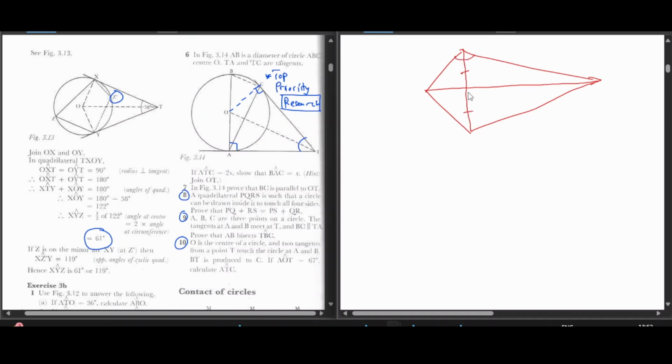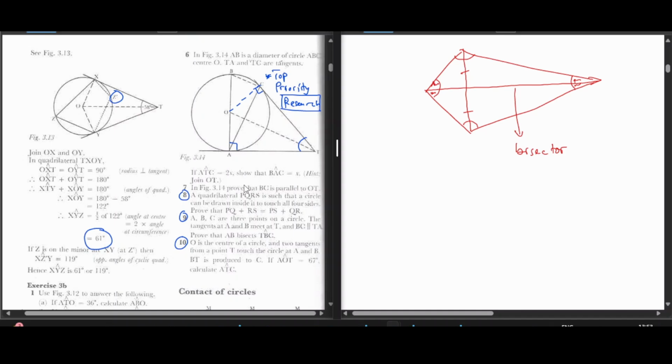We say this angle is equal to this angle, but the angles E and the other one add up to 180. The other thing is, the line in the middle is called a bisector. A bisector is a line that halves an angle. So this small angle is equal to this small angle, and this one is equal to this one.